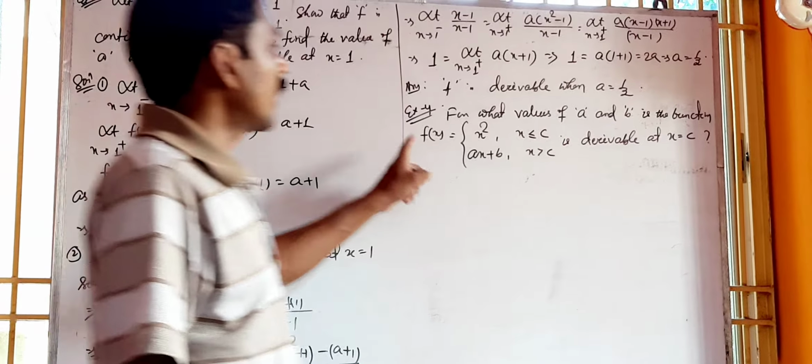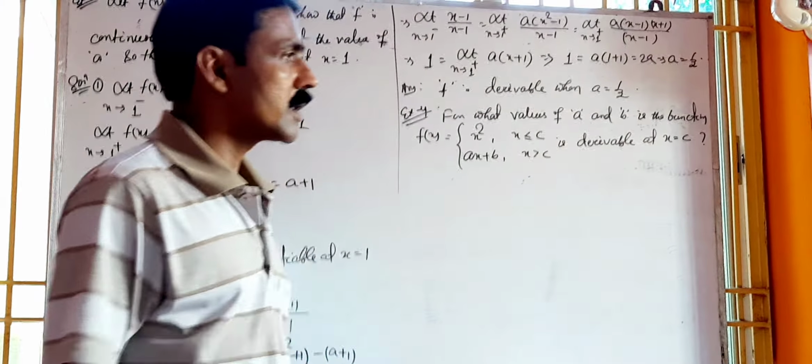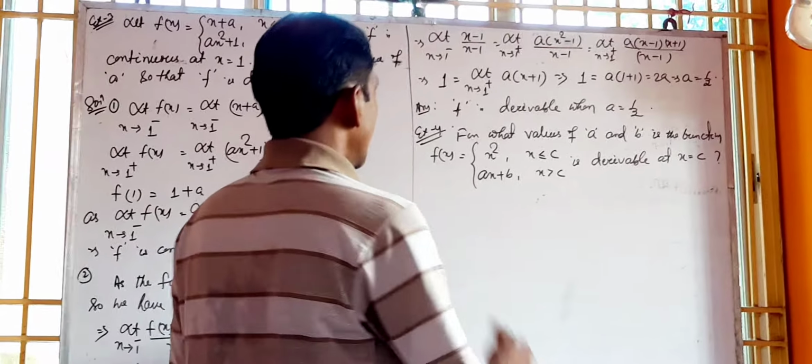So it is given that the function is differentiable at x equal to c. Then what will be the values of a and b?